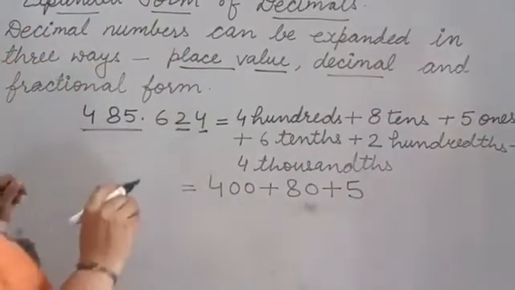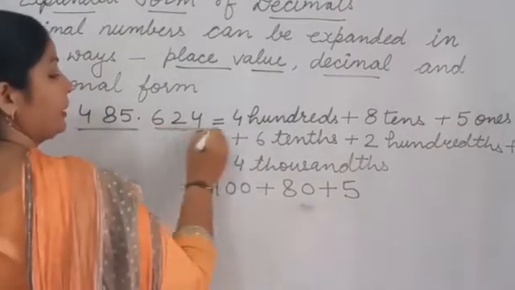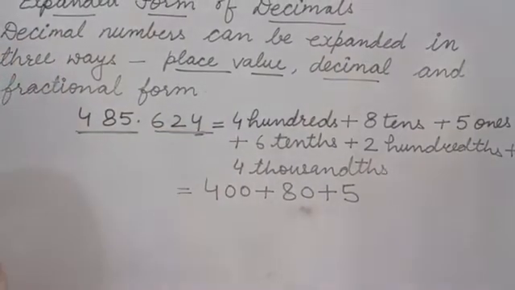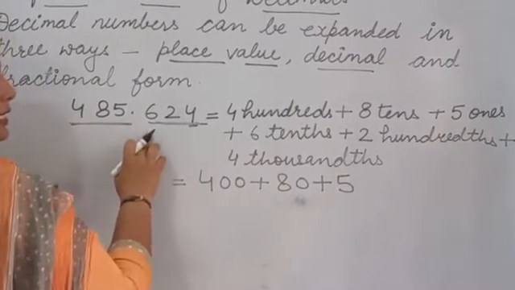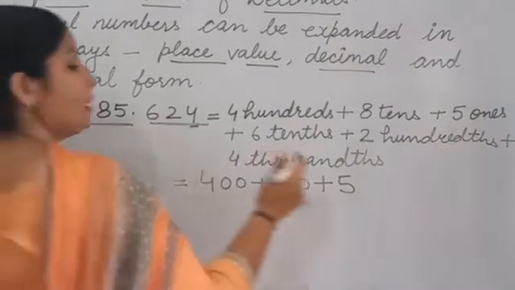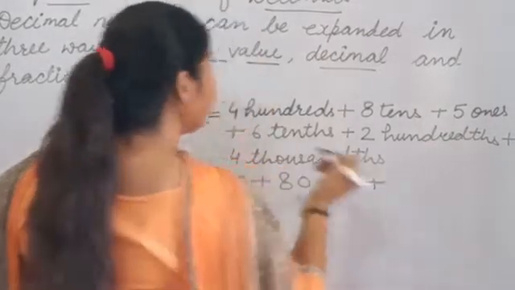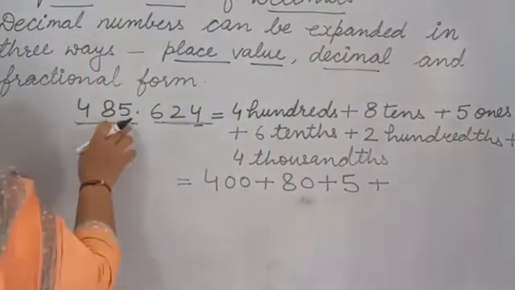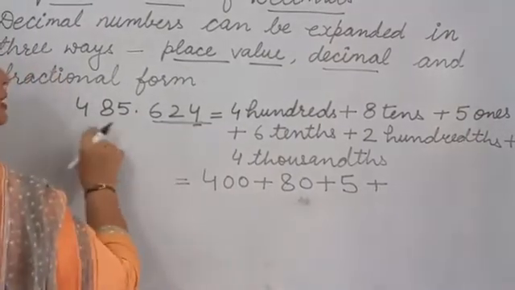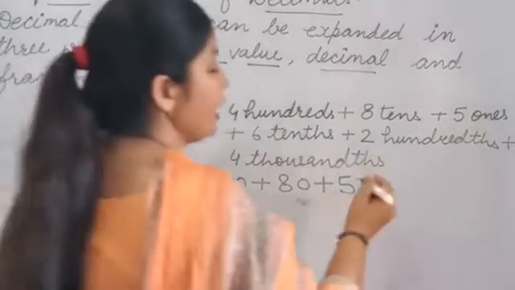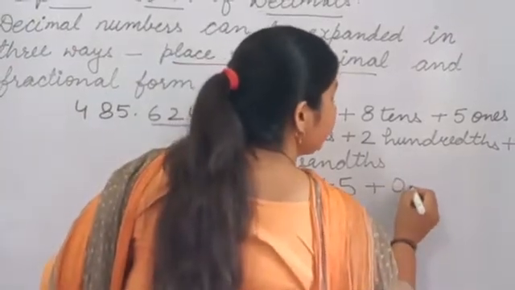Okay. Now we take decimal part. Expanded form of decimal part. So this is on the first place of decimal. So this will remain plus. Now we will take point also. And before point we have whole. So we have done expanded form of that. So at the place of this we will take 0. And after that, 0.6.